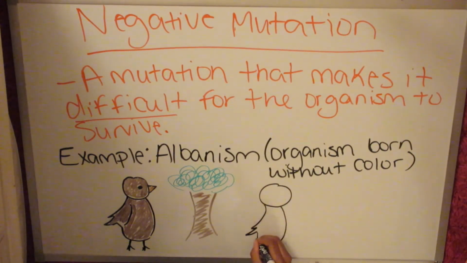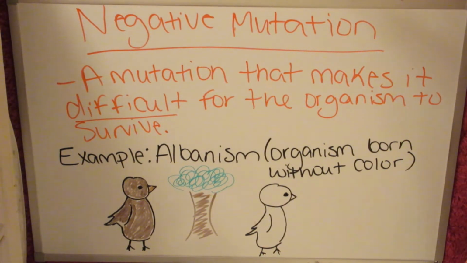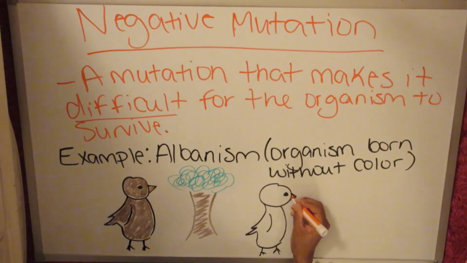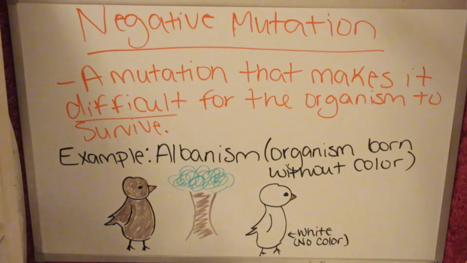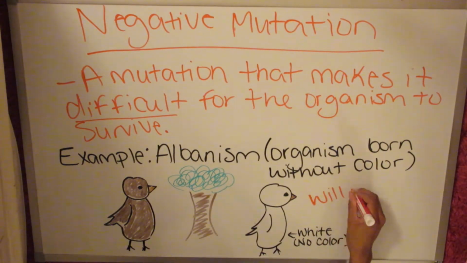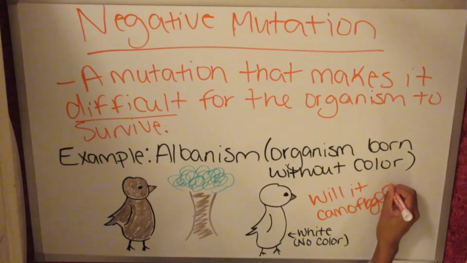Well, it's going to be able to protect itself from predators better. It's going to be able to camouflage better. But what about if we have a bird that lives in that same brown tree, it lives in the same climate, but it's white? It never got any color. It had a genetic mutation that made the bird completely white where it didn't have any color. What do you think might happen to the bird then? Will it be able to camouflage as well as the other bird?